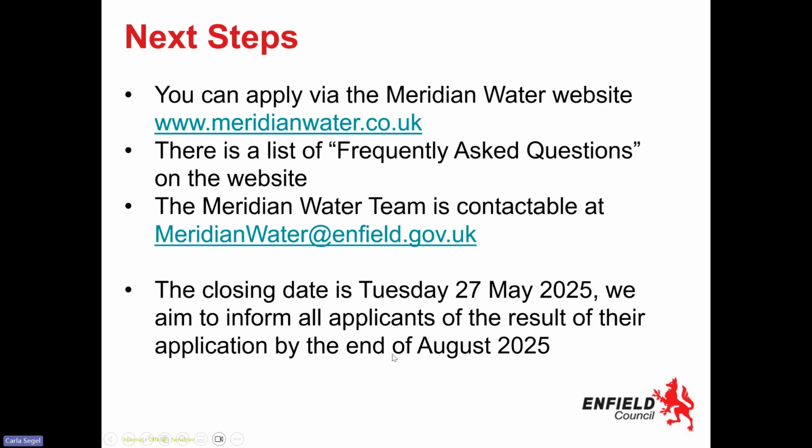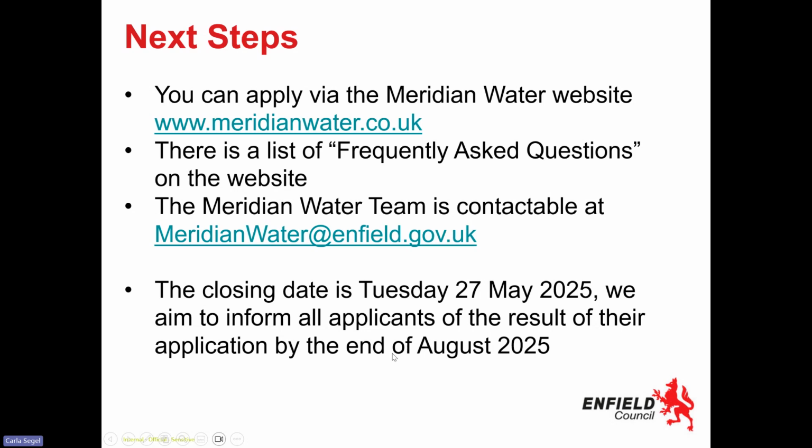You've got the Meridian Water email address on the screen, and you can use this if you've got any specific questions that you would like us to respond to. We will then review these, and all eligible applications will be taken to a panel at the end of June for a full review and a decision to be made about the applications that they want to award the money to.